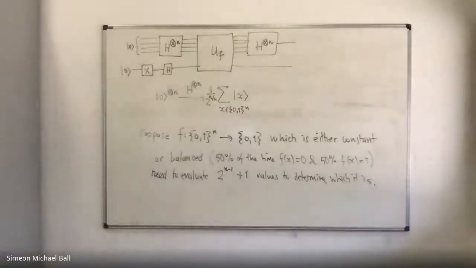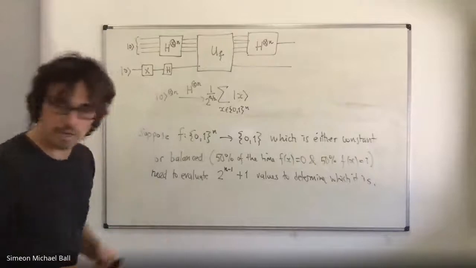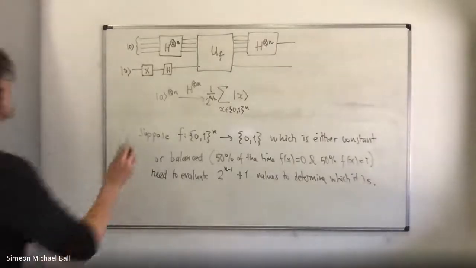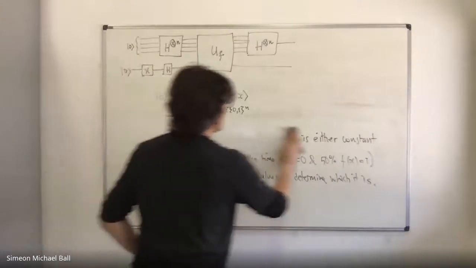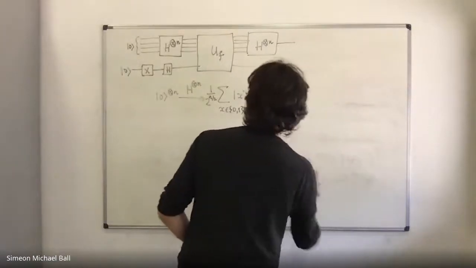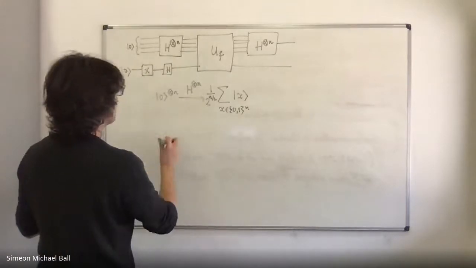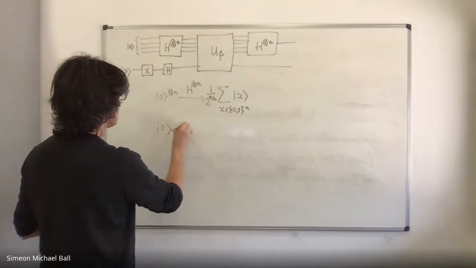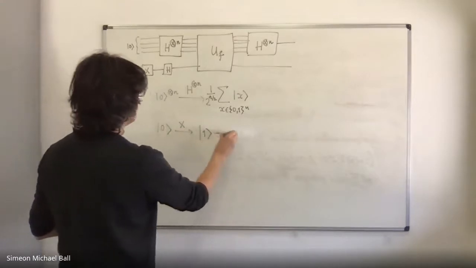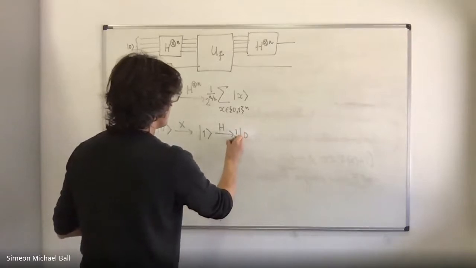Okay, so that bit we already did. Let's see what happens to the last bit. The x is going to go to a 1, and then the h is going to go to a 1 over root 2.